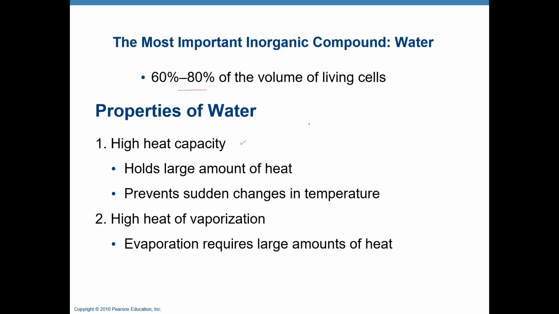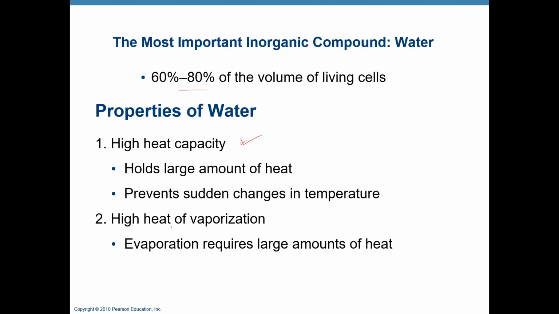A small amount of water can hold a lot of heat in it, and that is very helpful. When body temperature increases, sweating occurs, and that small amount of water that gets out from the body takes a lot of heat out from the body and cools the body, lowers the body temperature. So this property is very helpful.